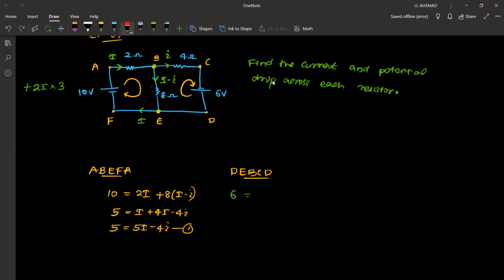If I mark the potential drop arrow, you will understand that when you are moving in this direction, the potential does not drop, but it rises. Potential rises. Therefore, we will write it as minus 8I minus I.